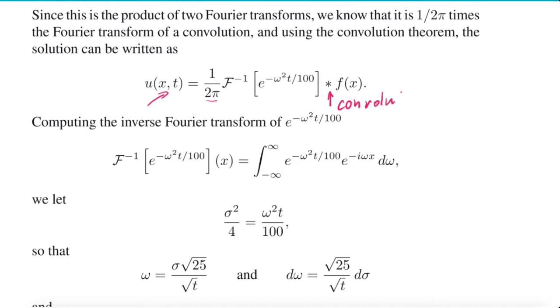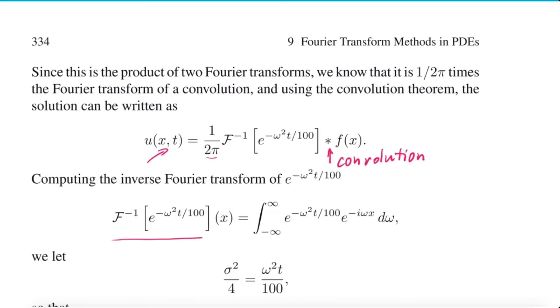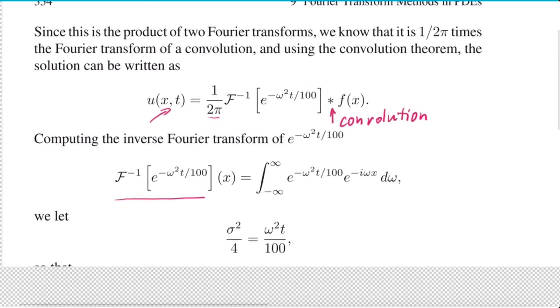And so we have the convolution of the inverse transform of e to the minus omega squared t divided by 100, with f, the original initial condition. The inverse transform of the exponential e to the minus omega squared times a constant we have done already. On page 334 I do this integration once more.